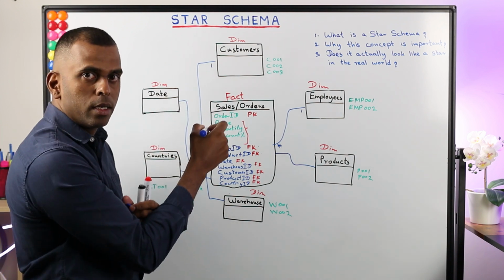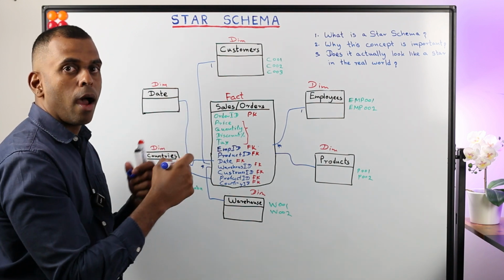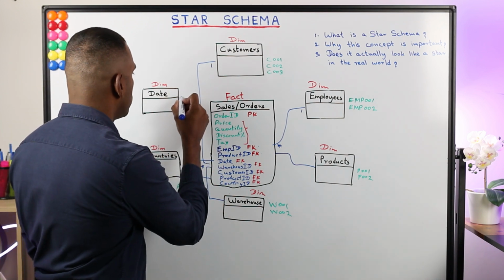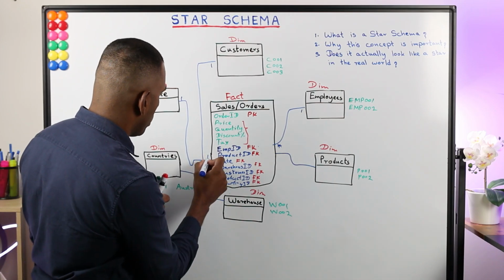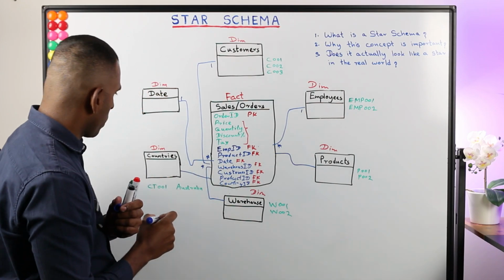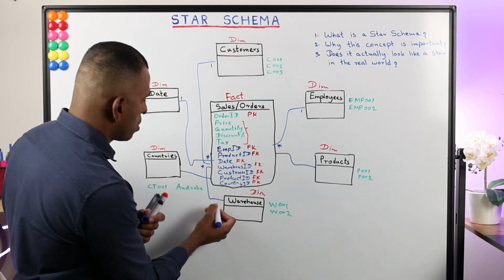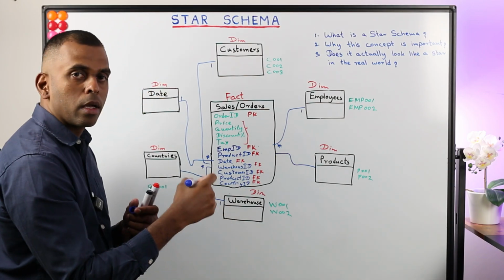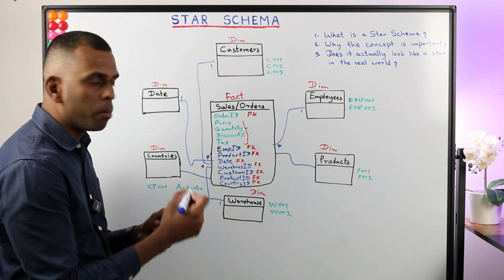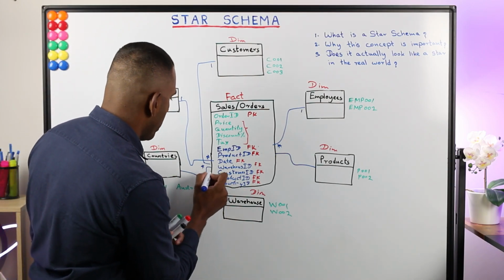In one date there can be more than one sales, one to many. One warehouse can handle or can ship more than one orders.